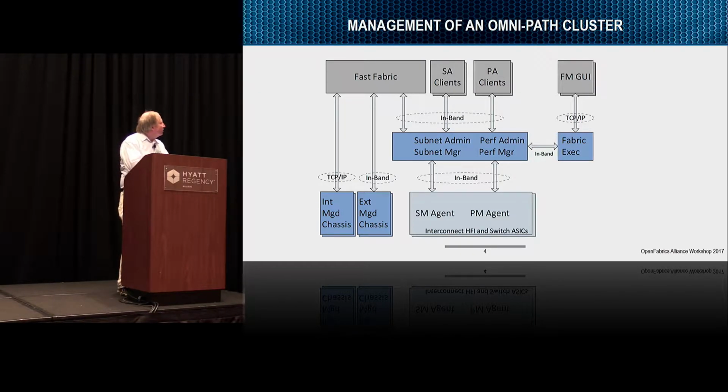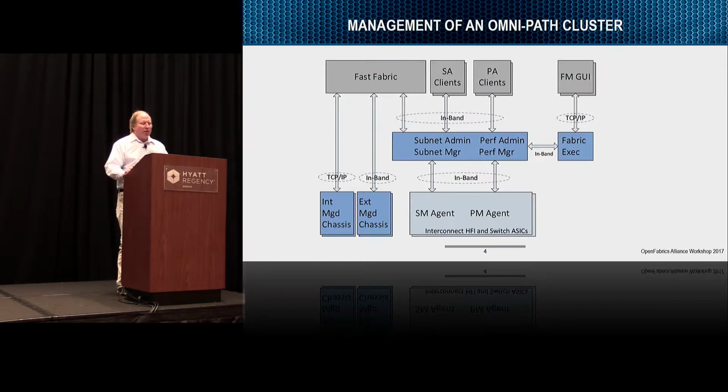The first part, which I'm not going to talk about today, is the subnet manager portion of it. It's configuring and monitoring the layer 2 fabric, routing tables, setting up quality of service, setting up security rules. And then the component I'm going to talk the most about today is the performance administrator and performance manager.